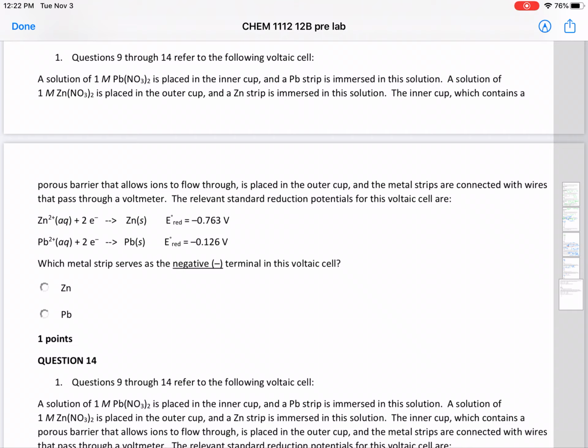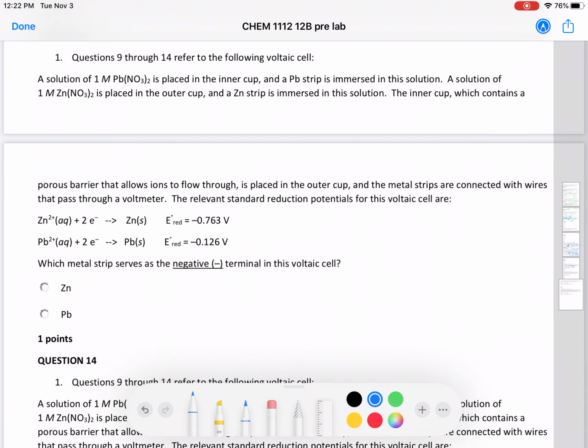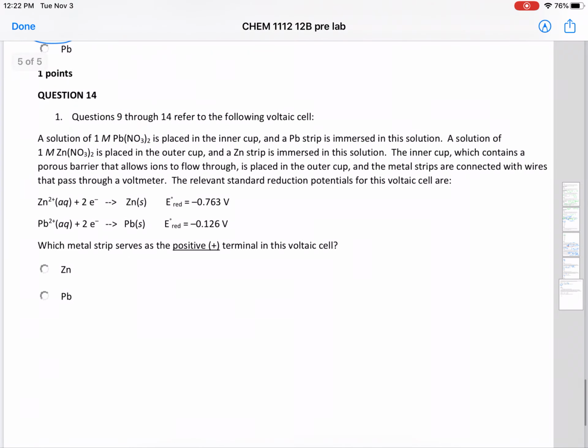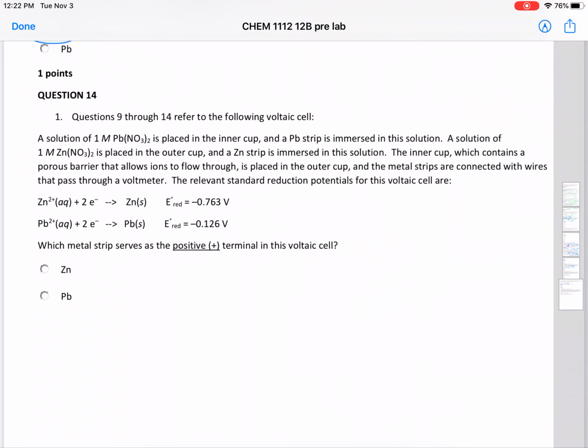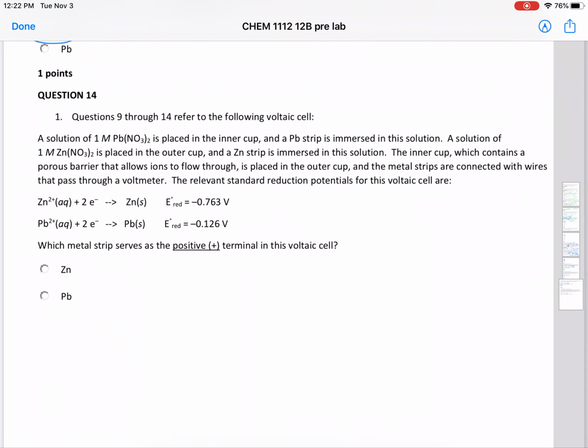So whichever strip is undergoing oxidation is the negative terminal. Where does the oxidation take place? It's going to be zinc. Negative terminal is zinc. Positive terminal is your cathode, which is lead. So the next question is asking for the positive terminal, which is going to be lead.